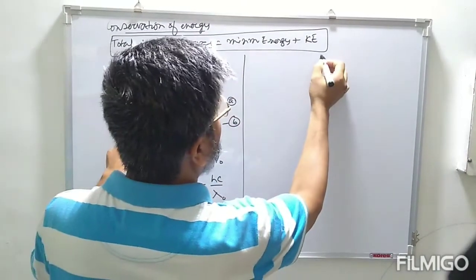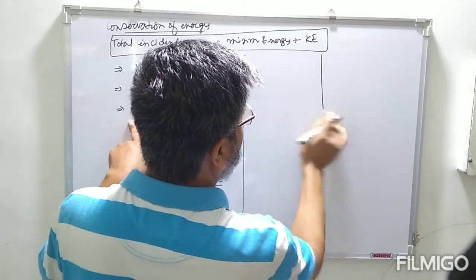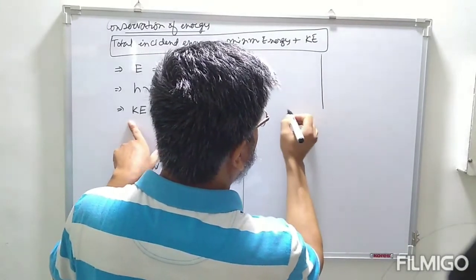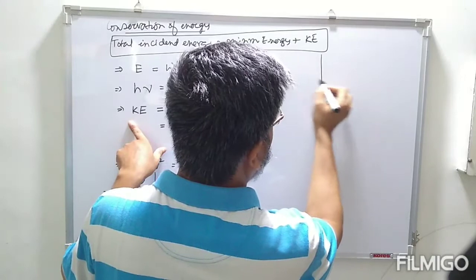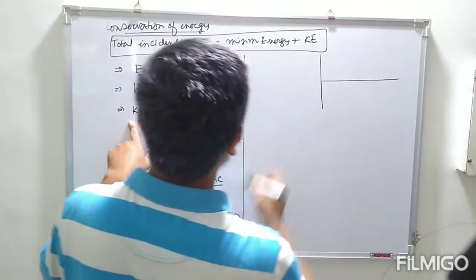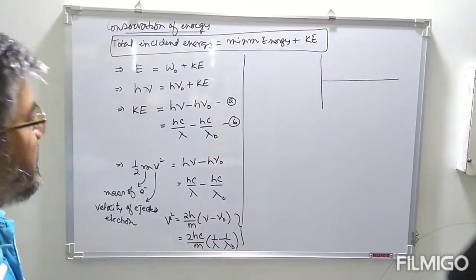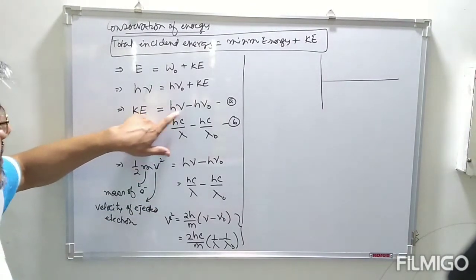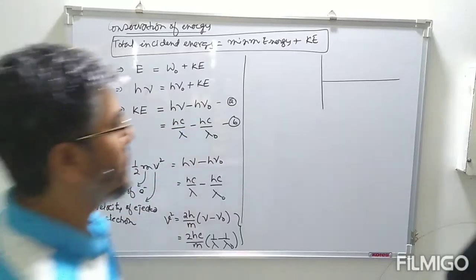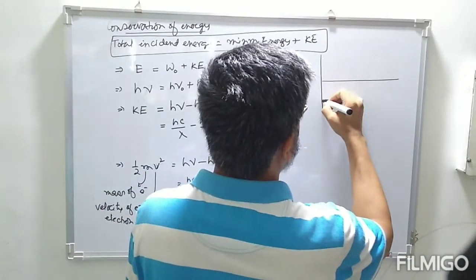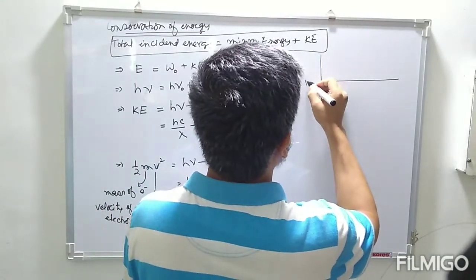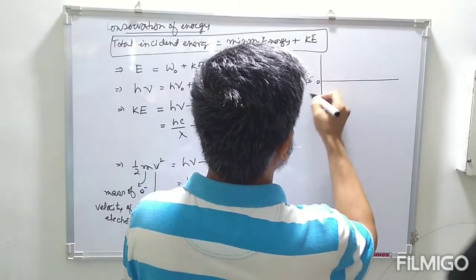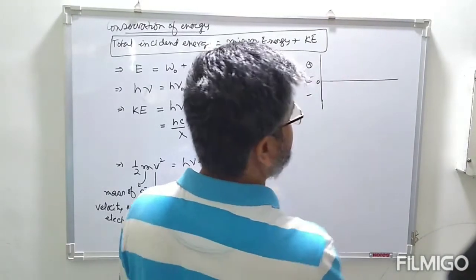equation A. This is kinetic energy. Now if you look at this, if the frequency of incident light is 0, kinetic energy is negative h nu naught. This is kinetic energy 0, negative, positive.